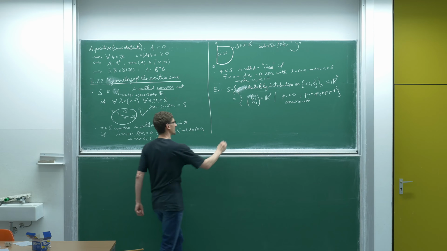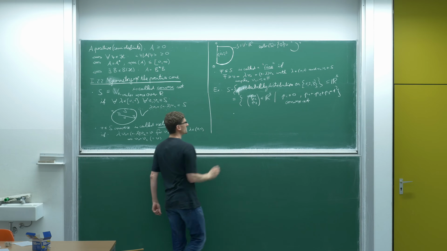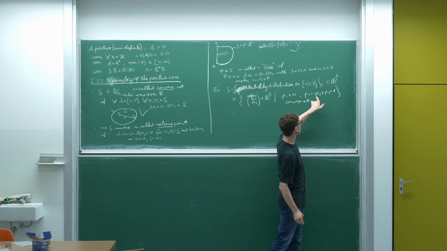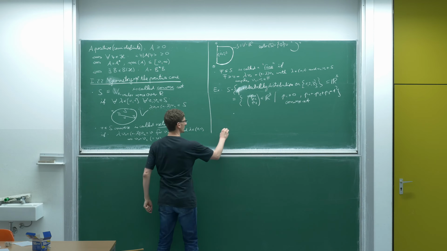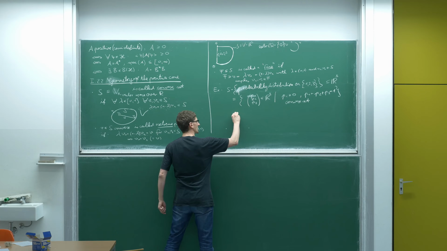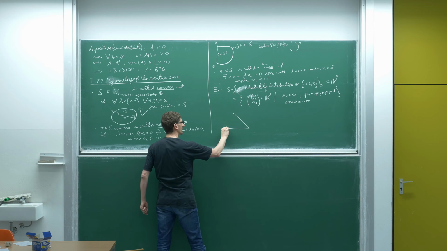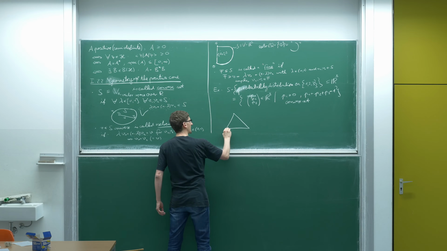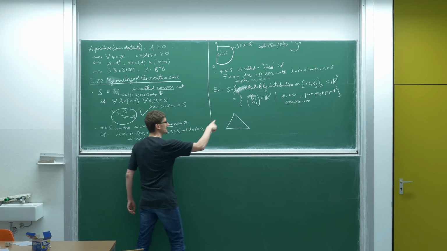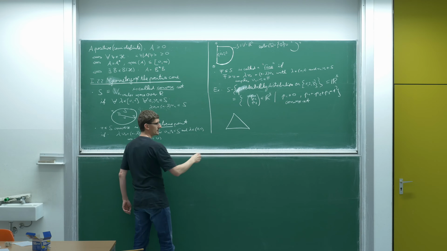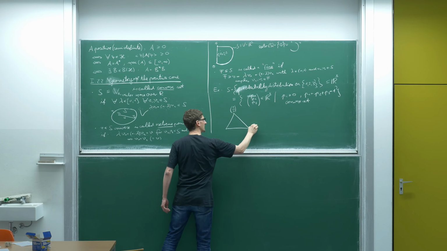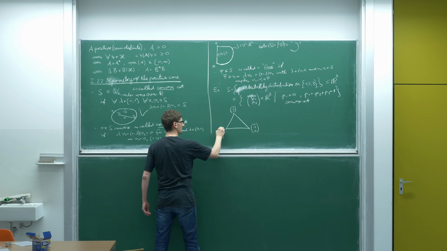And one can visualize it as follows. It turns out that this is only a 2-dimensional convex set. It's a subset of the 3-dimensional vector space, but we have one equality constraint. So one way to visualize this set is we look at a plane in the 3-dimensional real vector space, and then it turns out that this set is basically a triangle, and the corners are these points: 1, 0, 0; 0, 1, 0; and 0, 0, 1.